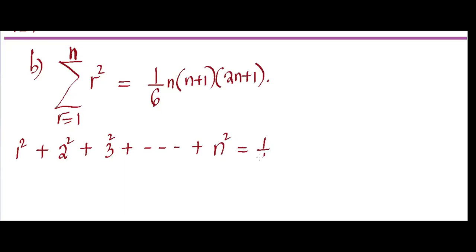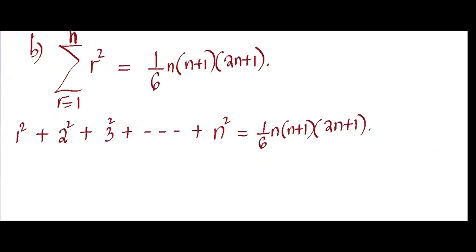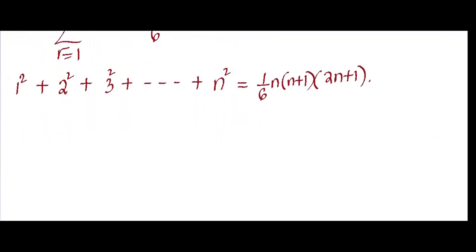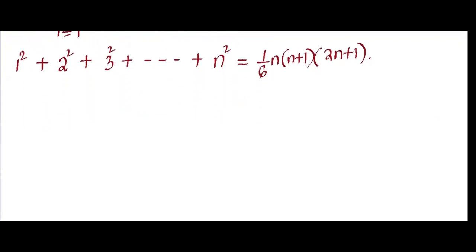That sum is equal to 1 over 6n into n plus 1 into 2n plus 1. So the approach doesn't change. We will follow the same arrangement. Check.